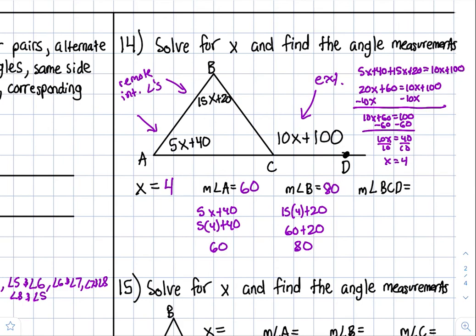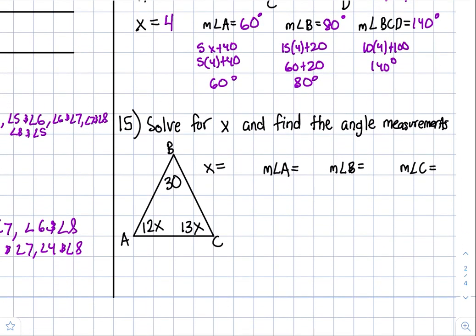And then measuring angle BCD, 10 times 4 plus 100, 140 degrees. And that makes sense, right? Here's the exterior angle, and these should sum to get that. Sorry, that was super scuffed.